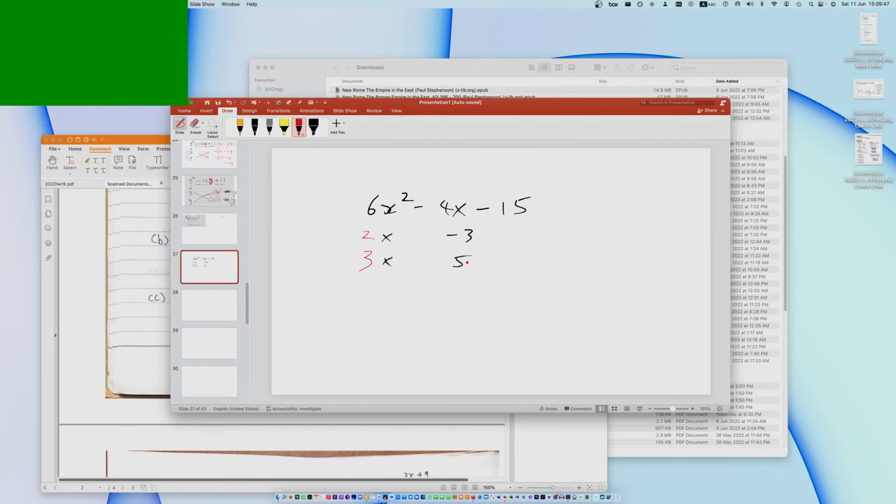Actually, it's not mode 3. Is it mode 3? But who taught you it is mode 3? Actually, it's mode 5. Okay, good. So this one can't be factorized.